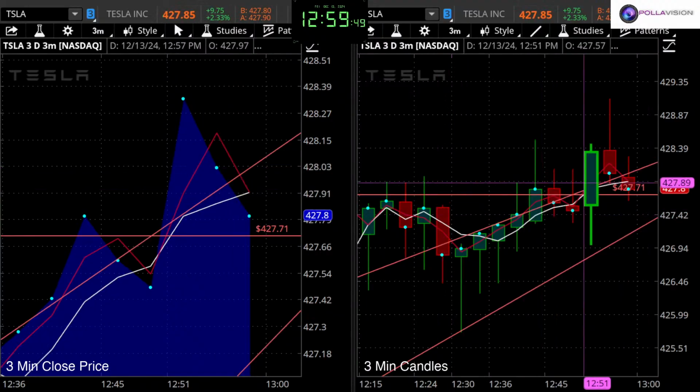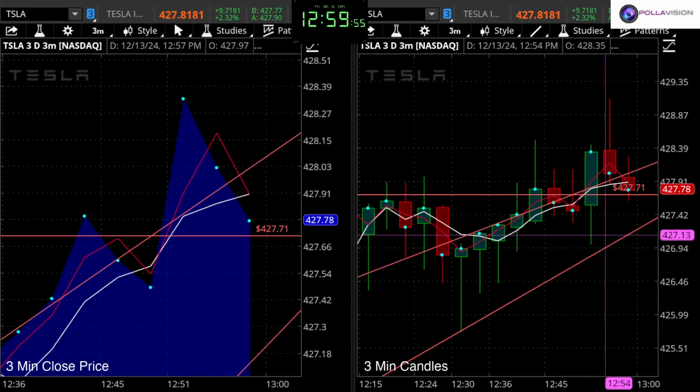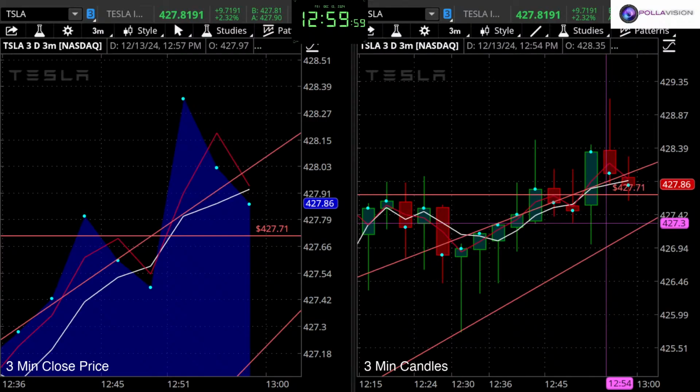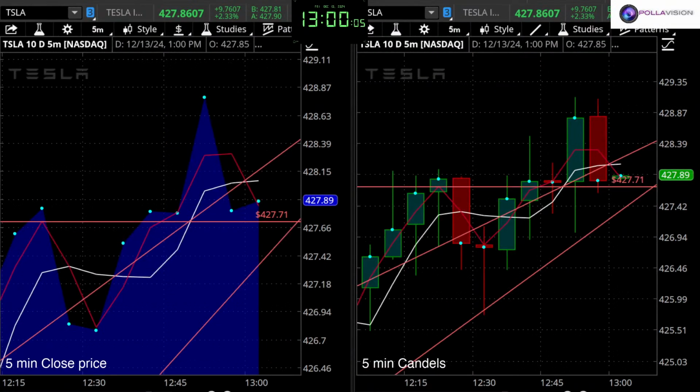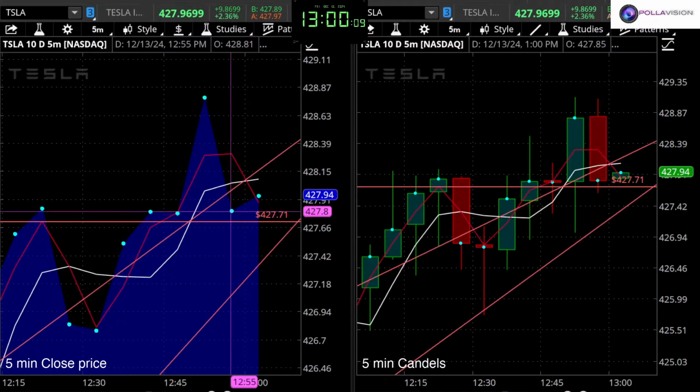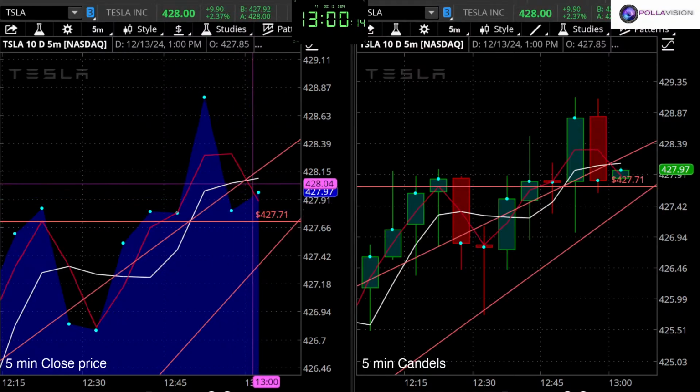We have a doji. We're above my little trend line that I made. 1 p.m. All right, there we are. Let's look at the 5 minute. So the 5 minute closed below the 4. The 4 is going sideways.